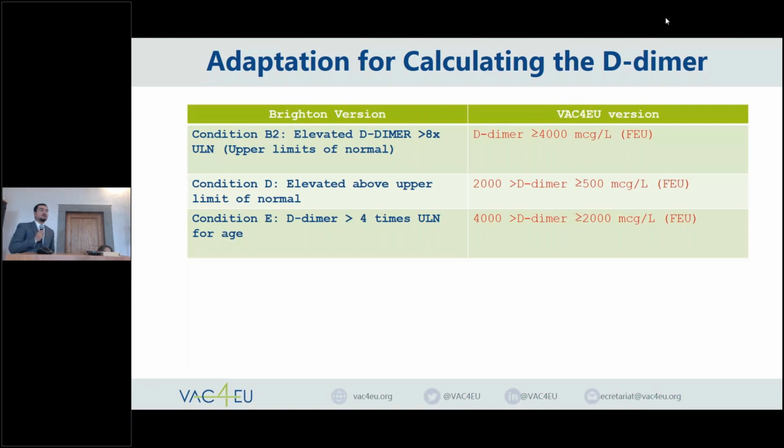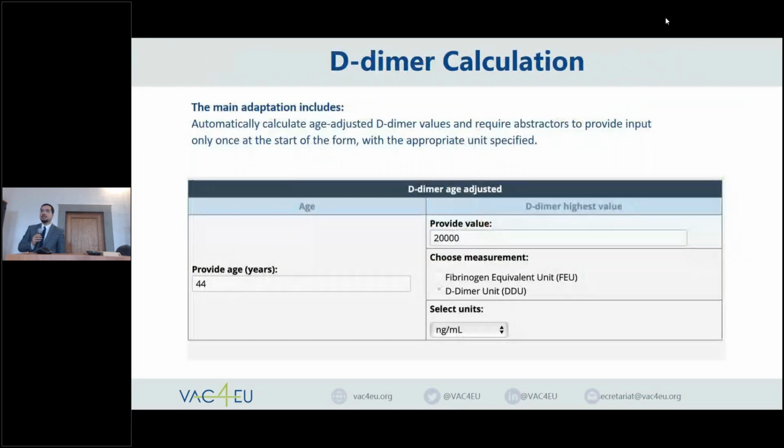In the VAC4EU, first of all, we have defined a range. So on the right side, you can see that we define more than 8 times. It means more than 4,000 FEU, and etc. for others. But as I mentioned, it is difficult for abstractors to answer these questions several times and calculation of the D-dimer. Because of that, we implement these tools.